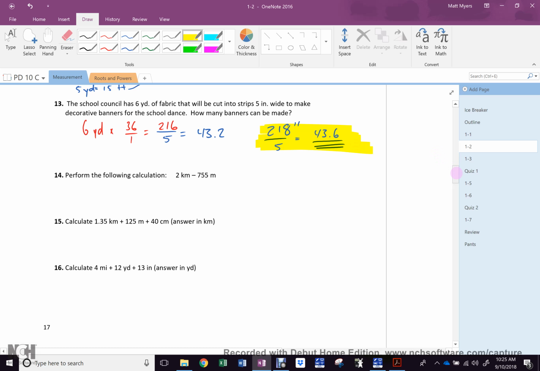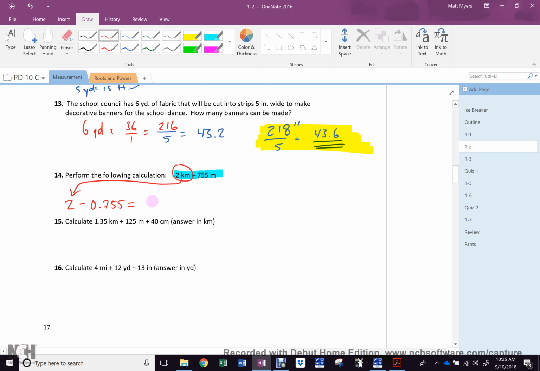Good. Now, what can you do with 14, 15, and 16? What is your choice there? You have a choice. What can you do? Manraj. Do I care which one you do? Nope. So if you're going to leave it as kilometers, which I'll do in red, it's going to be 2 minus 0.755.